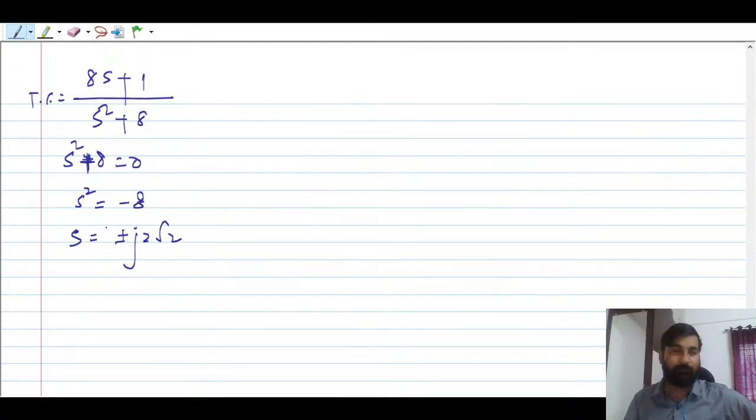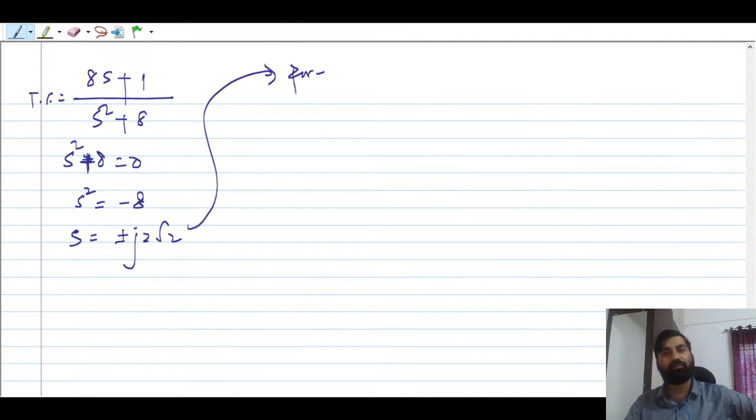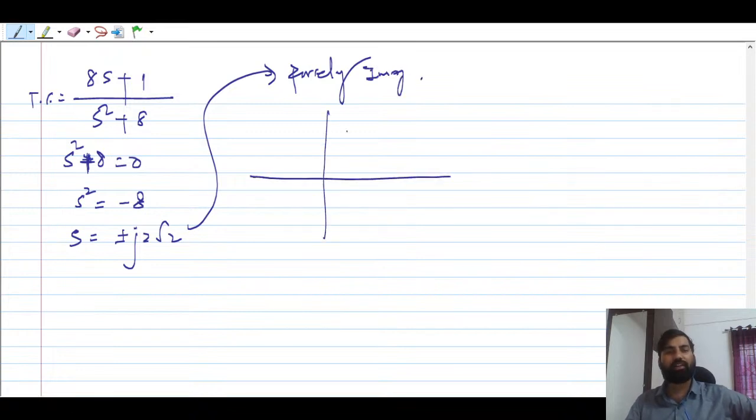Now you can conclude what kind of system it is, whether the system is stable, unstable, or marginally stable. Here the roots are purely imaginary, and they will be sitting on the s plane on the imaginary axis only, like this, plus j 2 root 2 and minus j 2 root 2.